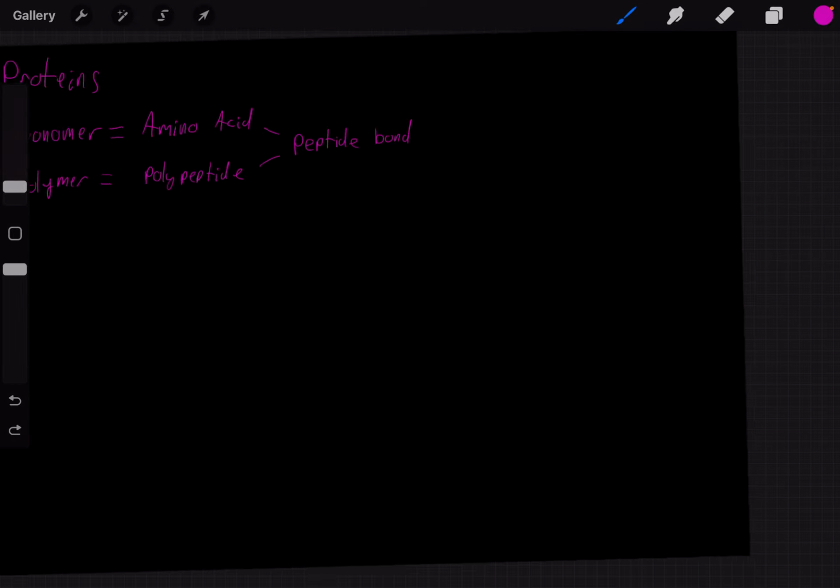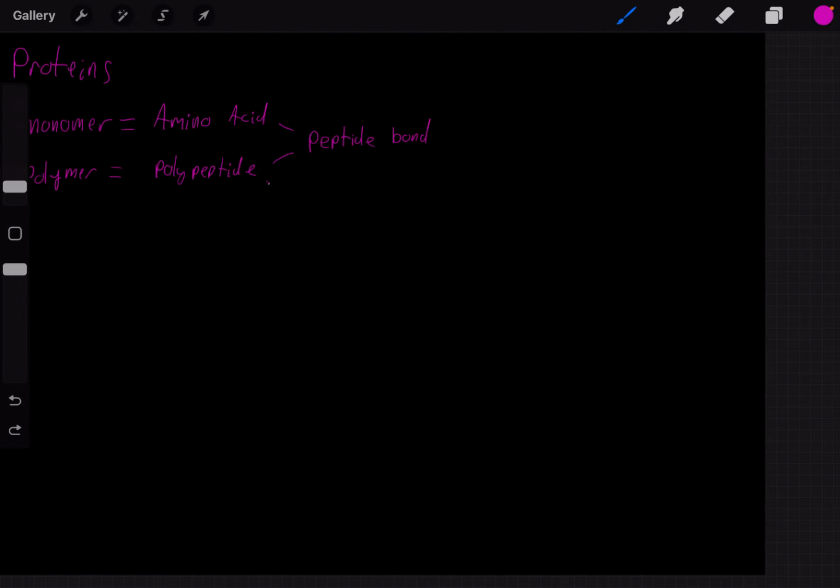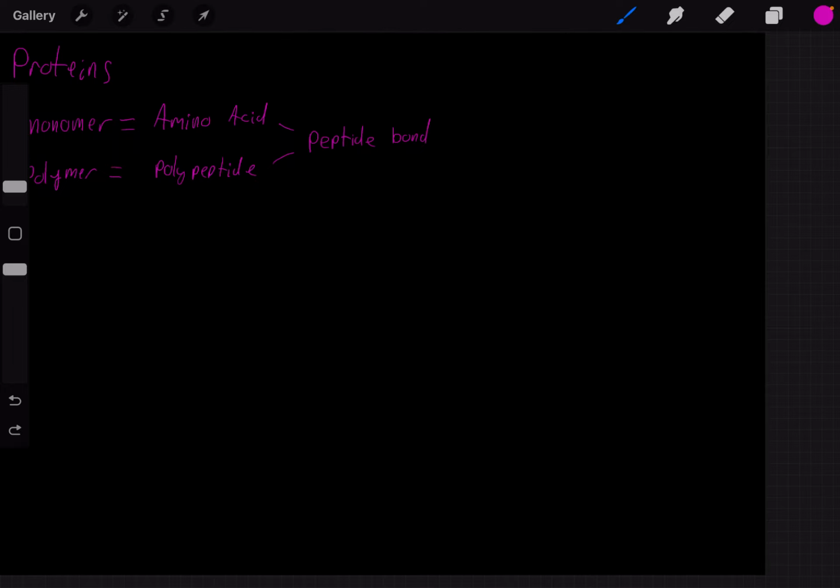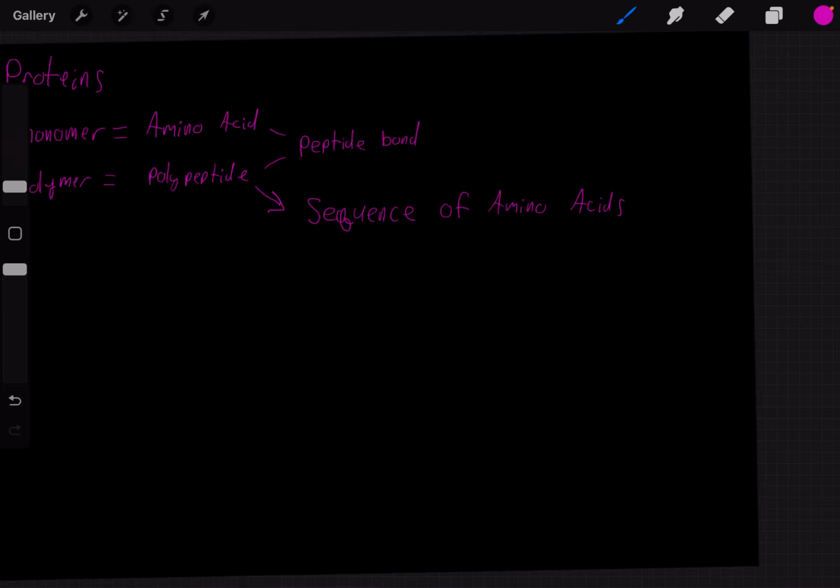From a polypeptide, a polypeptide is a sequence of amino acids, and that is the same thing as saying primary structure.